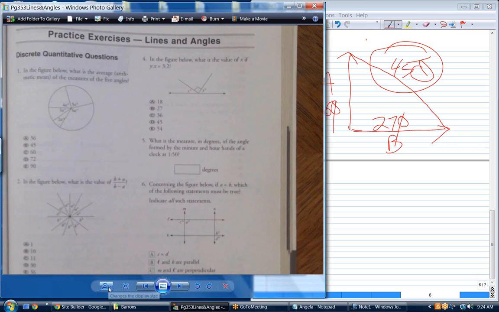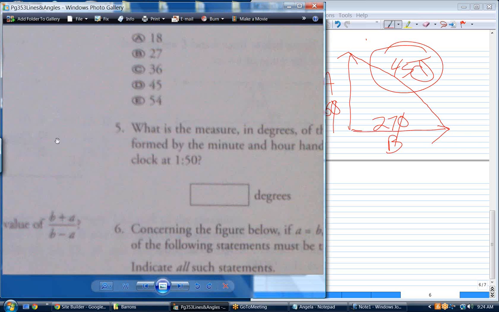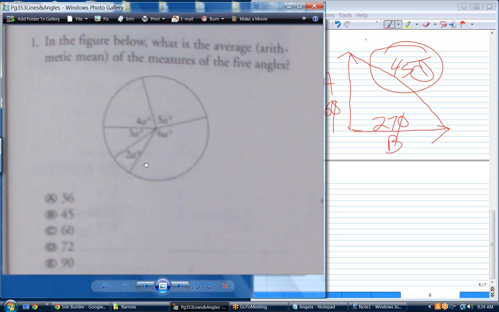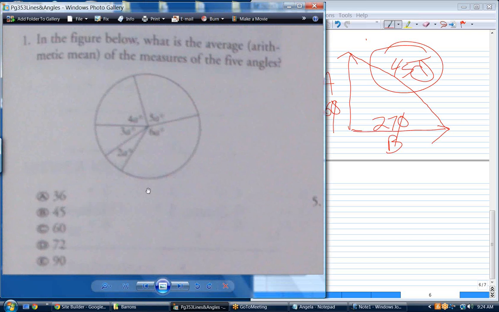Let me see if I can blow this up a little bit, because you need to see it a little better. There. In the figure below, what's the average, meaning the arithmetic mean, of the measures of the 5 angles? This is 2A, 3A, 4A, 5A, 6A.